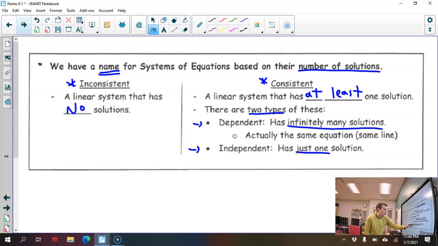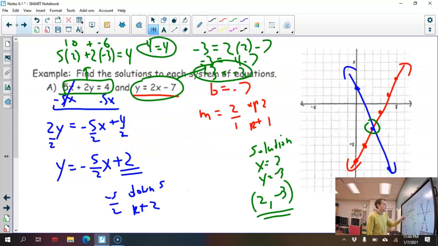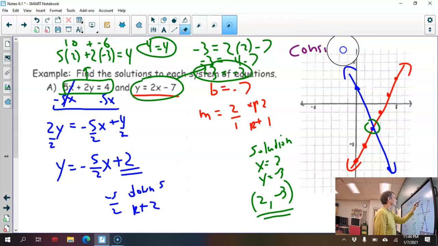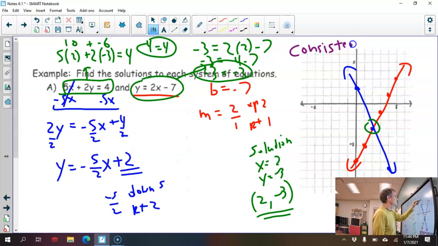Let's see, one solution. So it's consistent and it's independent. Consistent, independent.